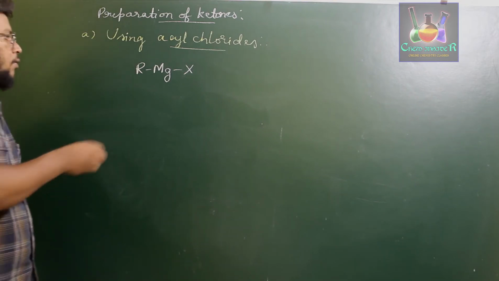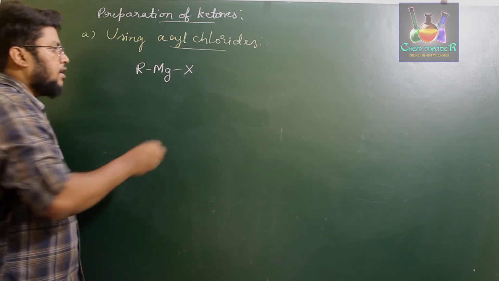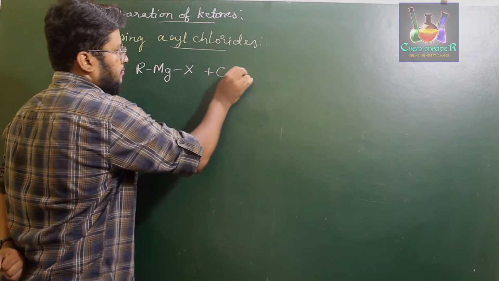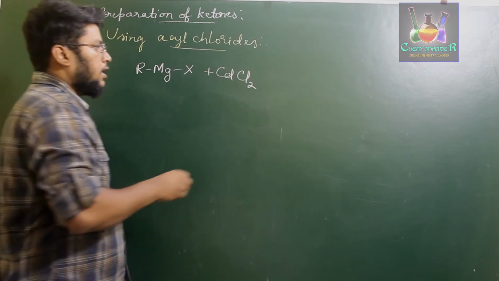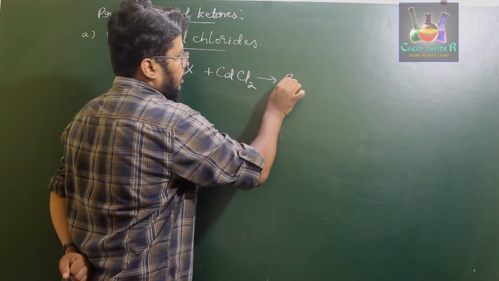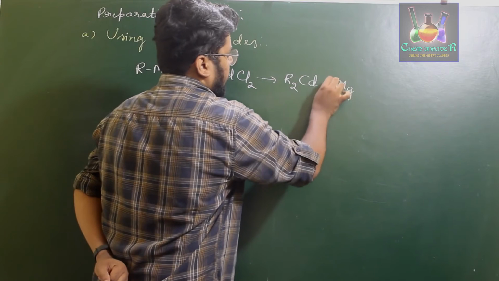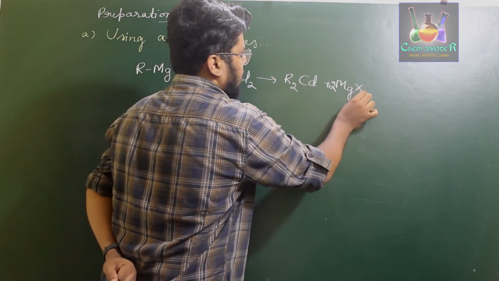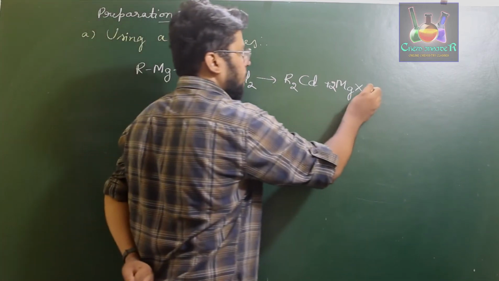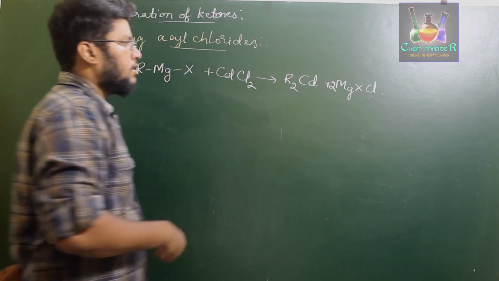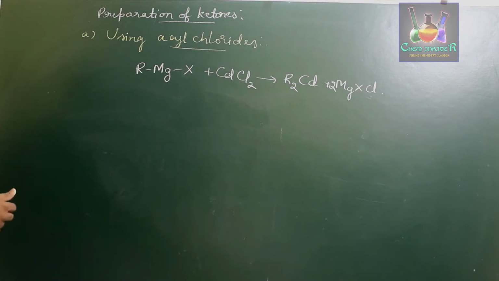So, when you use alkyl magnesium halide, that is the Grignard reagent, with cadmium chloride, we will be preparing the dialkyl cadmium, R2Cd, along with two molecules of MgXCl. So, this is the preparation of dialkyl cadmium.